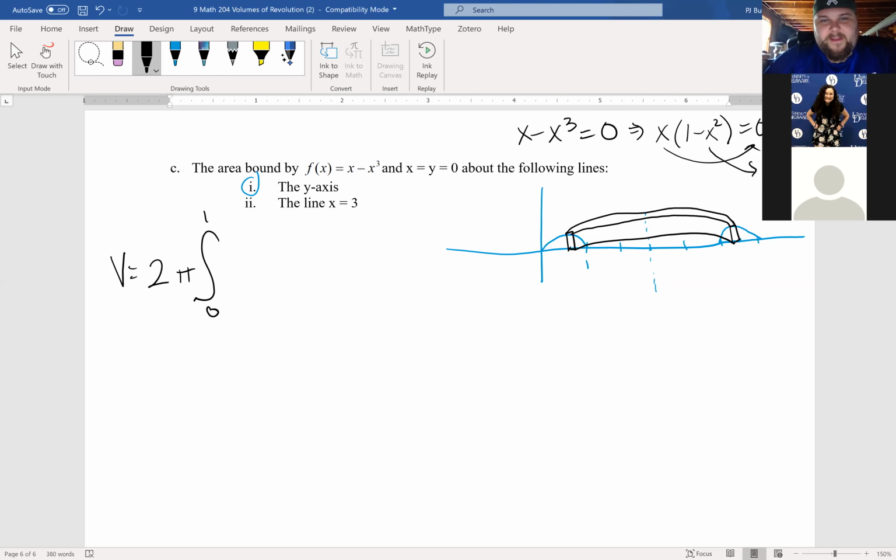Now I've got to define my radius and my height. The height's easy. It's just the function. Okay, so that's the height. Now the question is, what is my radius?